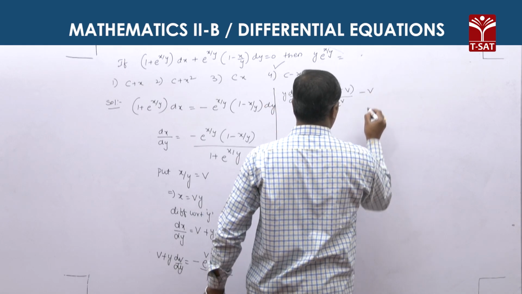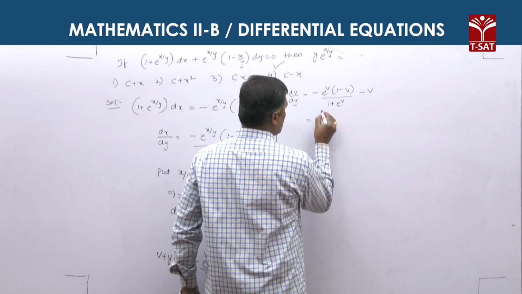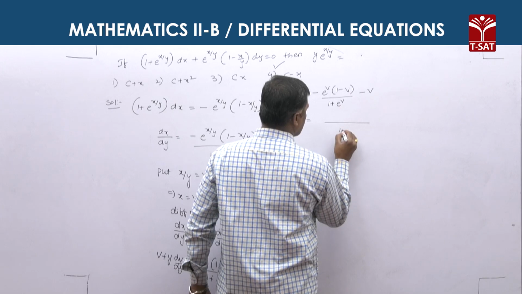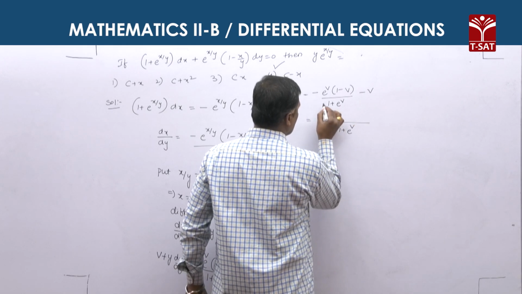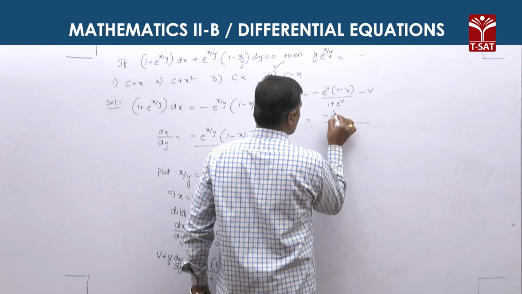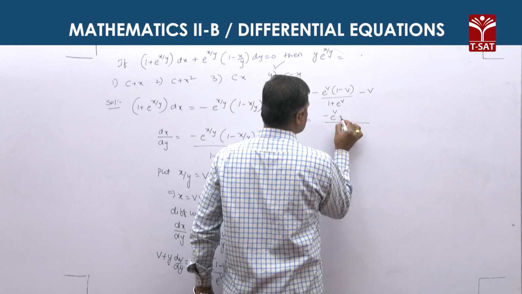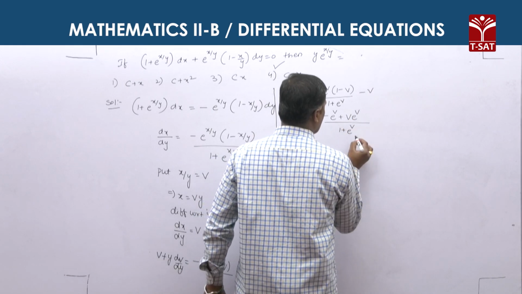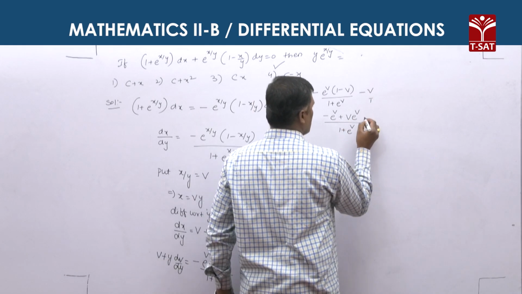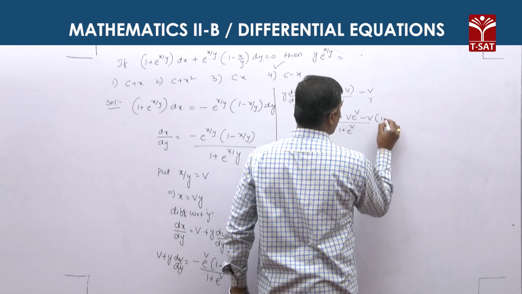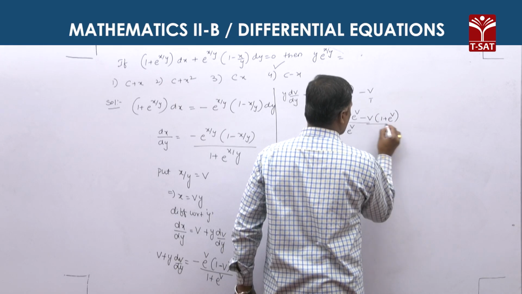it is negative, minus v. You can multiply, the LCM is 1 plus e power v: minus e power v, minus of minus plus v into e power v, here denominator 1 plus e power v.